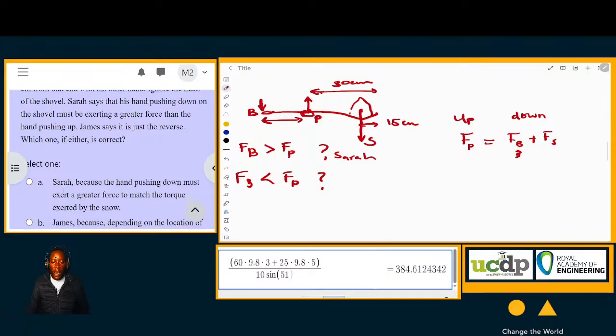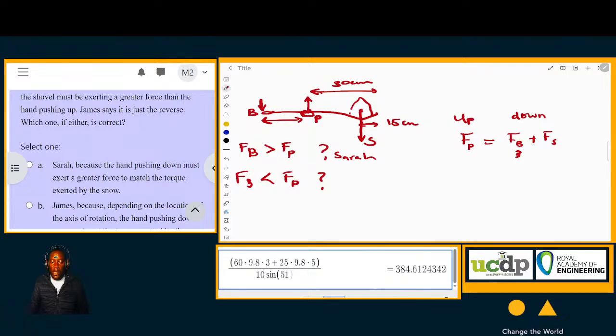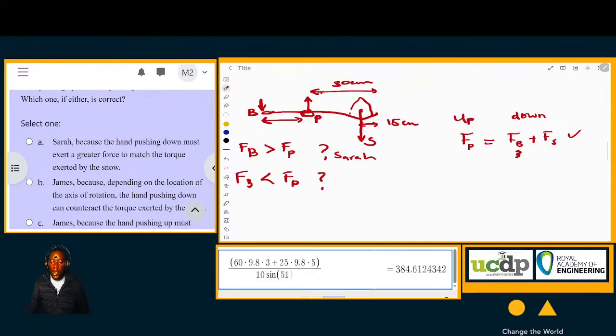This option says the correct one is Sarah, because the hand pushing down must exert a greater force to match the torque exerted by the snow. No. The hand pushing down cannot exert a greater force. We have already ascertained that. Next, James, because depending on the location of the axis of rotation, the hand pushing down can counteract the torque exerted by the snow.